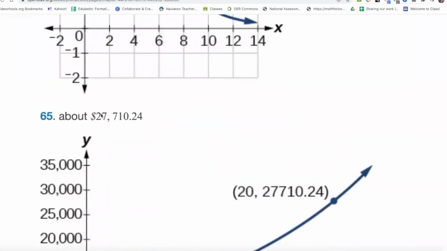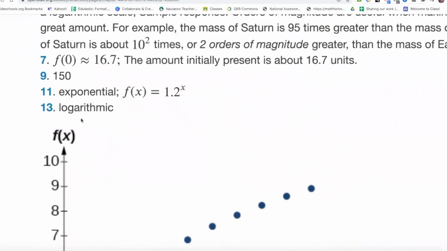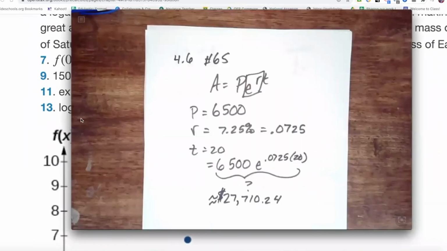They get that amount. So maybe the goal is to figure out, did Siri calculate incorrectly when I told Siri how to do the math? Or where does the $27,710.24 come from? Leave it with that.